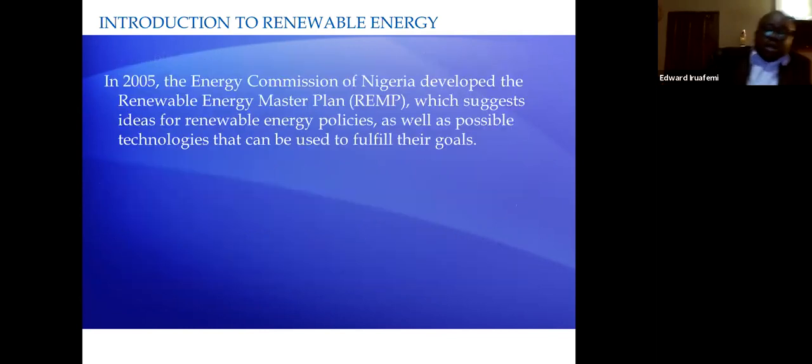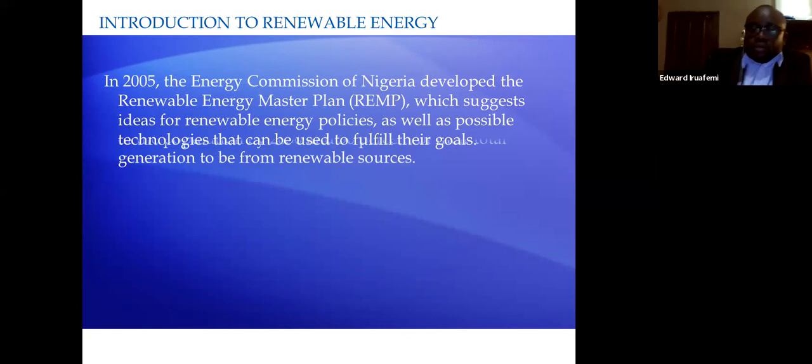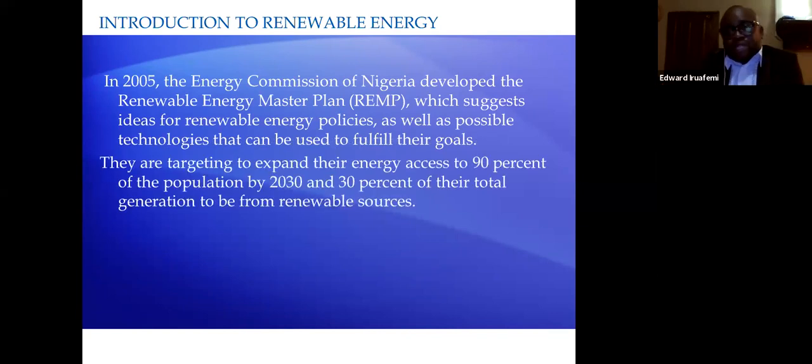So the government decided to set up a commission called the Energy Commission of Nigeria, which came up with a renewable energy master plan, which suggests renewable energies as a possible technology that can be used to fulfill the goal we are all looking at, having stable electricity in Nigeria.